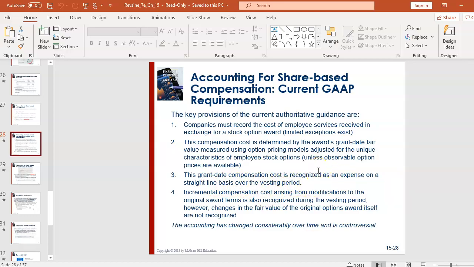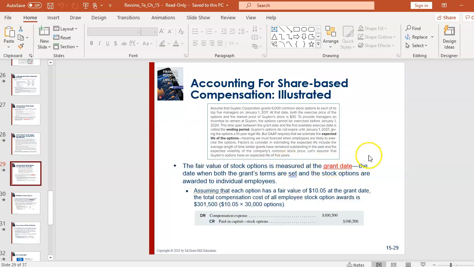A vesting period means you might have to work for a company for so long to get the rights. But basically, just think it's still an expense on the company's income statement when they issue these. But the difference is that we don't have to pay cash for them, and that's the key. That's what saves companies some money. But we do have to recognize some expense here.